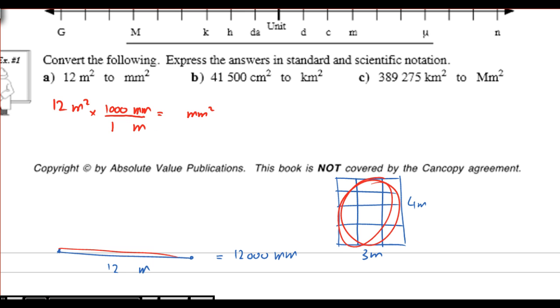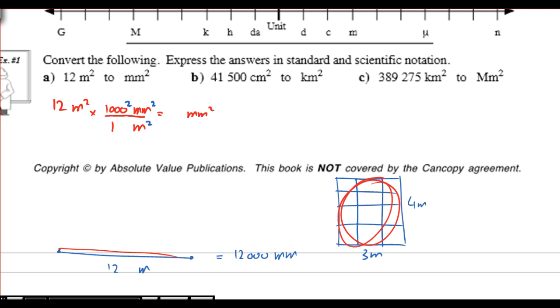However, because we're dealing with square units, it's not really 1 meter, it's 1 meter squared. And how many millimeters squared is that? All we do is square the 1,000 to get how many squared millimeters are in a squared meter. Okay, let's go ahead and make that conversion.